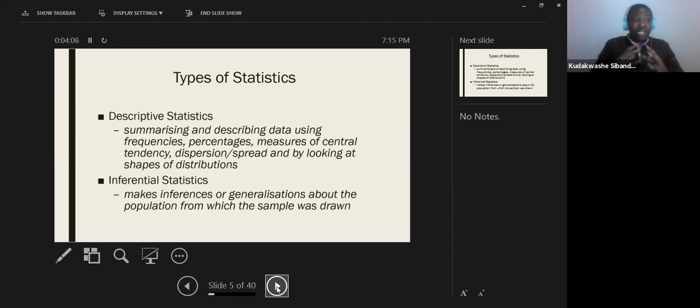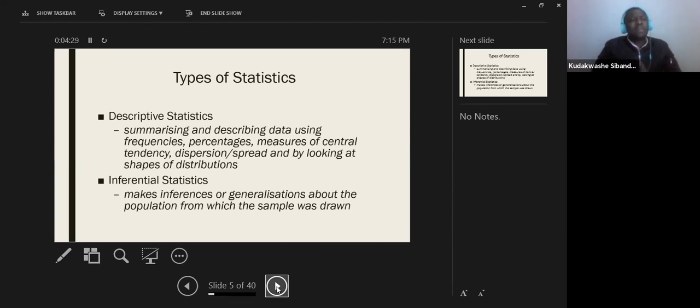For now, don't worry about the terms, you will understand them as we go on. It's just simple things, for example, some of you know what is called an average. An average is also part of descriptive statistics, average or a mean, right?